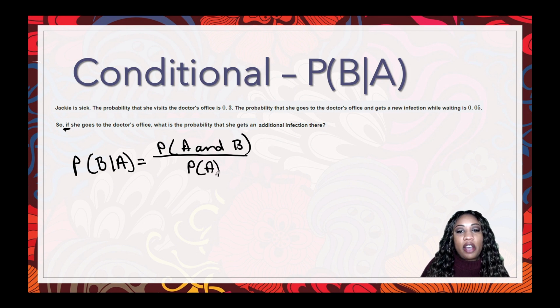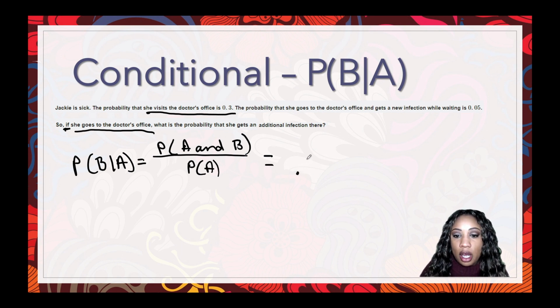Okay, so now we have to decide what goes where. So, remember, last thing I said was whatever follows the if goes on the bottom. So here it says if she goes to the doctor's office. If she visits the doctor's office, it is 0.3. So that's going to go on the bottom. And then remember, on the top, you're going to have and. So you're going to need for both things to happen.